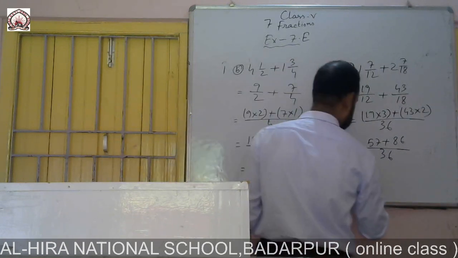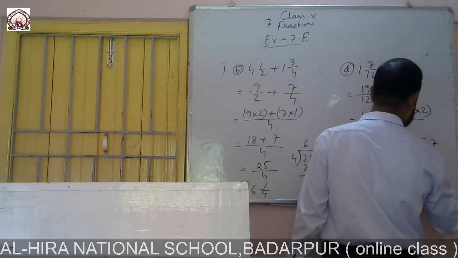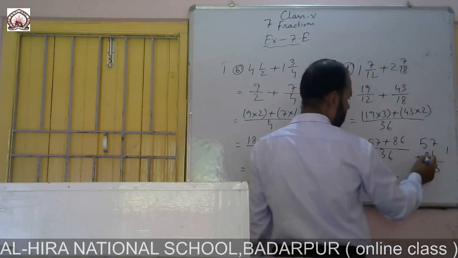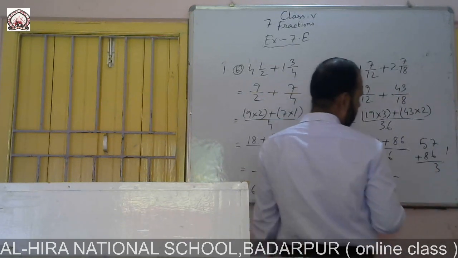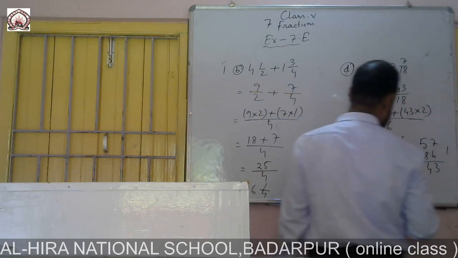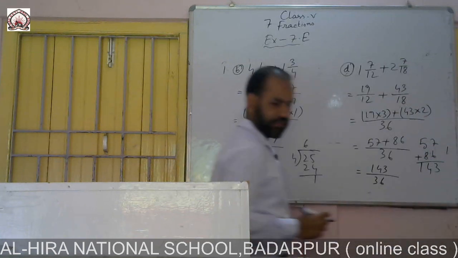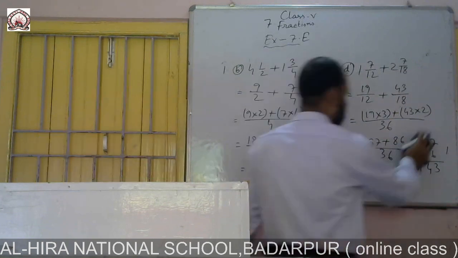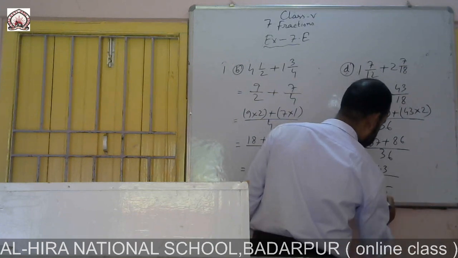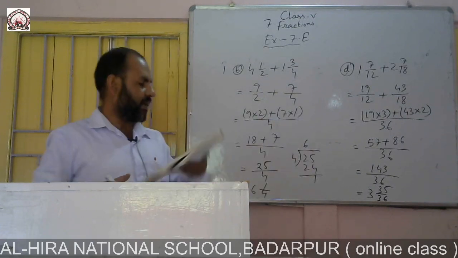Now we add 57 plus 86. 7 plus 6 is 13, 1 carry. 8 plus 5 is 13, 1 is 14. 143. 143 by 36. So if we convert to a mixed fraction, then we get 3 35 by 36. 35 by 36.